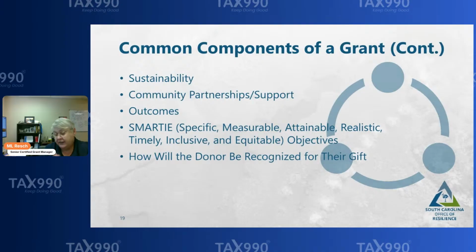Outcomes. This is the one that almost everyone struggles with. I struggle with it, and I've been doing this almost 40 years. How do you recognize and how do you account for what you're really changing in your community? And that all goes back to the data. But remember those data points we talked about last time?